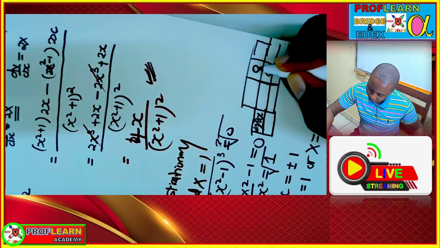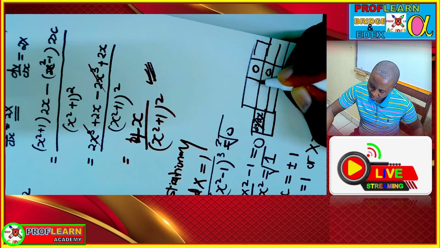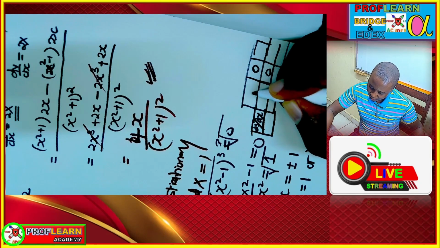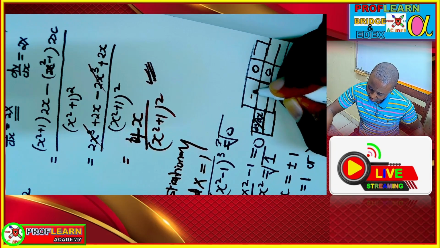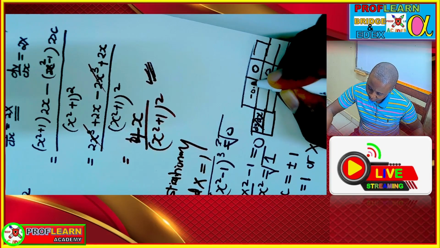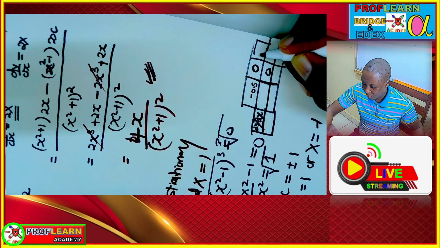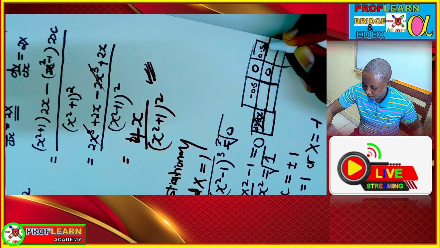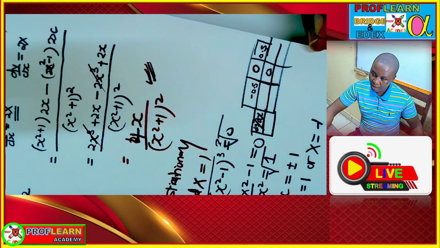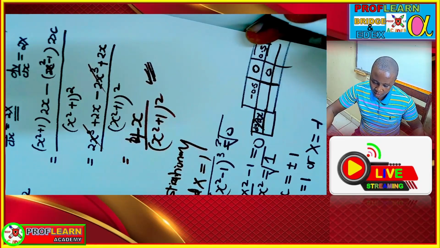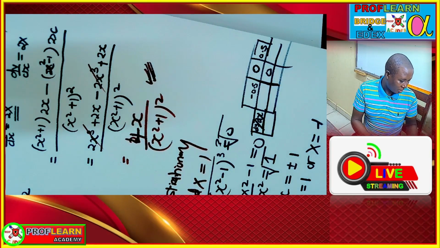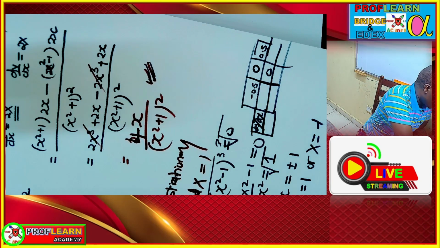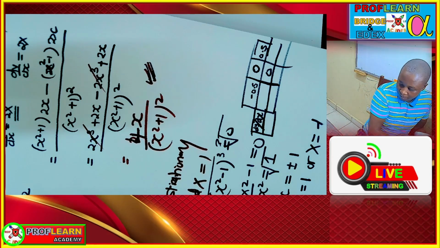Then you can select a point just before this. So we can select maybe -0.5, and also here we select 0.5 in front of that. Then you substitute to check which answer it is going to give you. So for instance, let me just substitute into the equation that we have here.